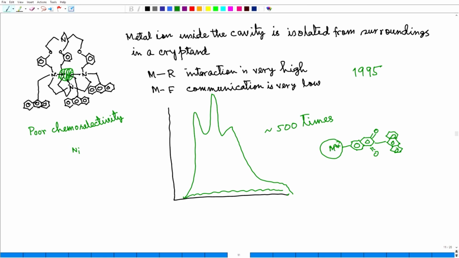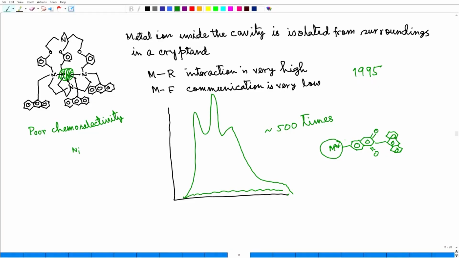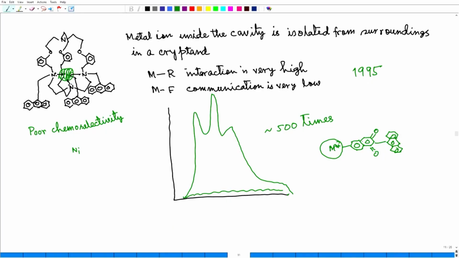So, they are well separated. So, they can also have metal receptor strong and metal fluorophore weak, very weak. So, therefore, metal fluorophore communication is very low. That is why these kinds of systems also give fluorescence enhancement with transition metals as well as heavy metals.